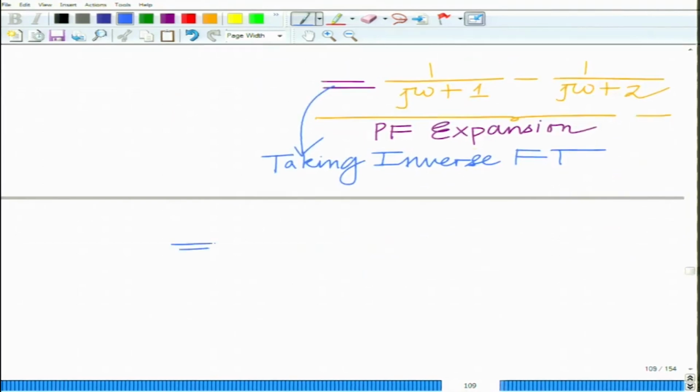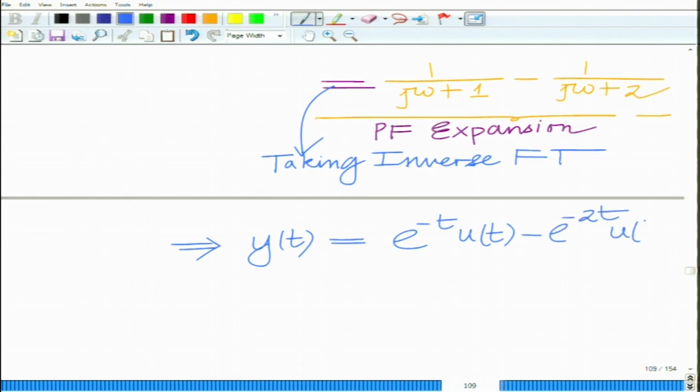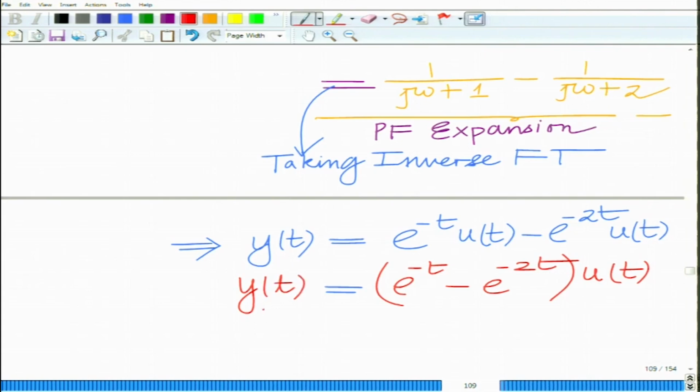what we have is y(t) equals the inverse Fourier transform of 1 over j omega plus 1, that is e raised to minus t u(t), minus the inverse Fourier transform of 1 over j omega plus 2, that is e raised to minus 2t u(t). So y(t) is e raised to minus t minus e raised to minus 2t, times u(t).